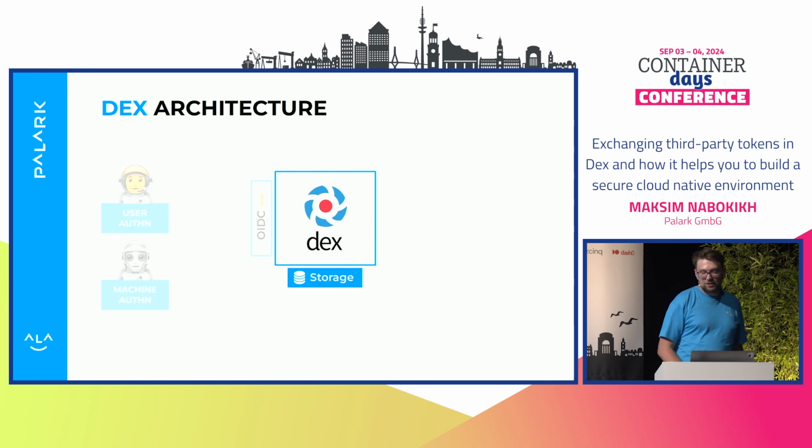The second concept is storage. DEX is a stateful service, so it needs to store its data somewhere. And because the database schema is relatively easy, and there are not many relations between tables, you may use different solutions for storing data.